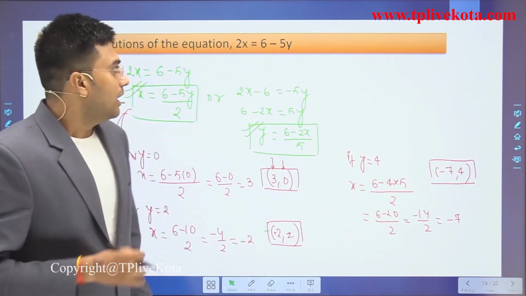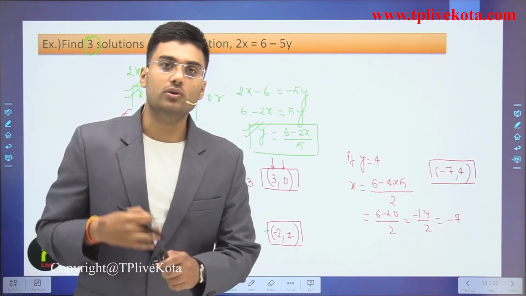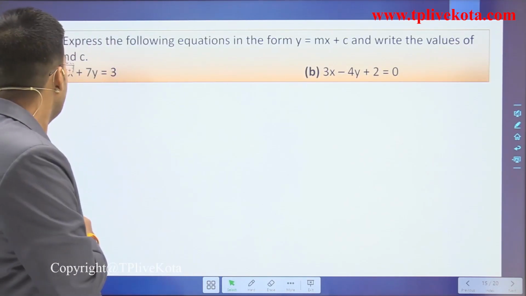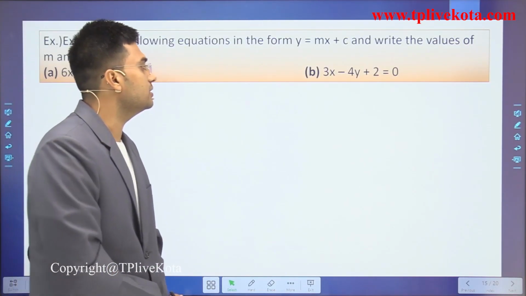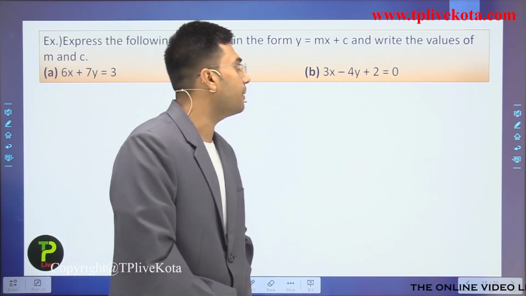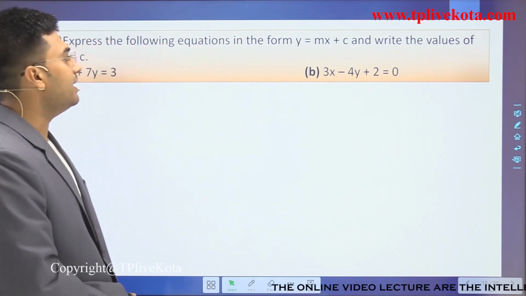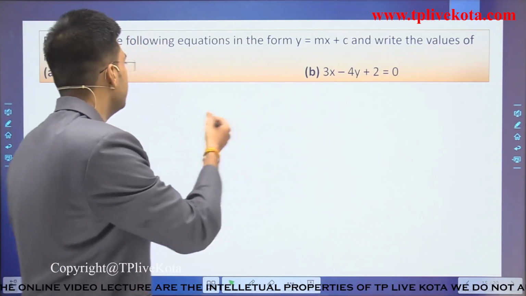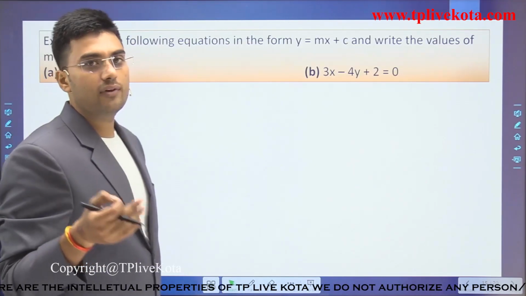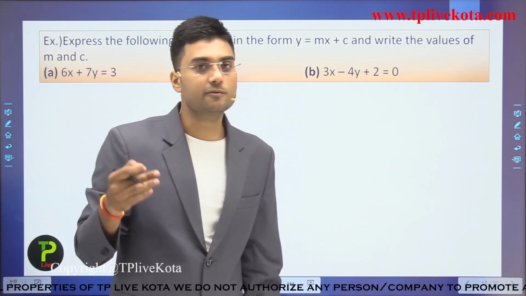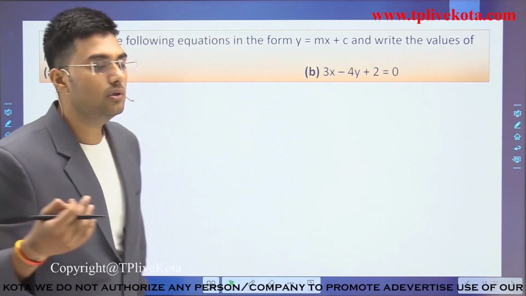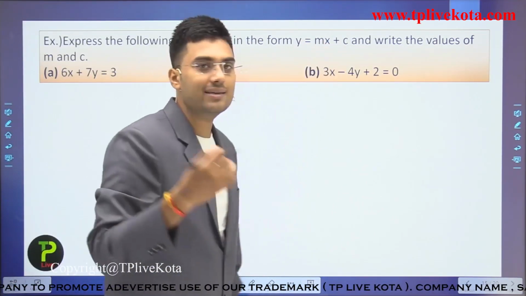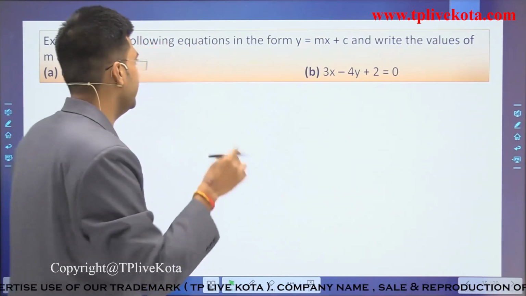Okay, so after this example let's move to the next example, and the next example is: express the following equations in the form of y is equal to mx plus c and write the values of m and c. Here these equations are in the form of ax plus by is equal to c, and we have to write them in the form of y is equal to mx plus c.